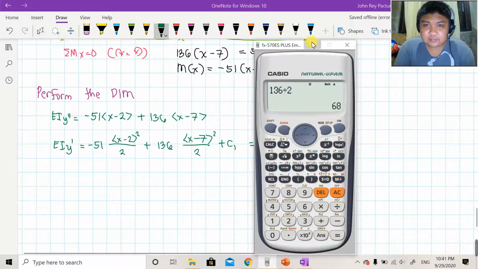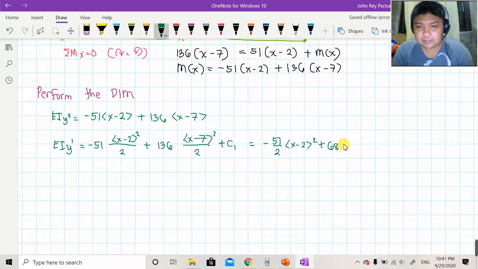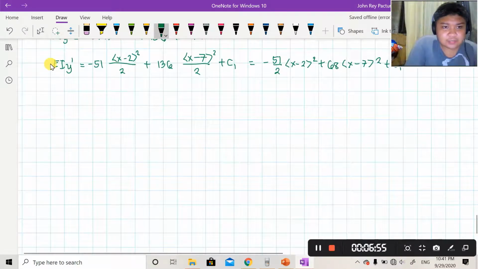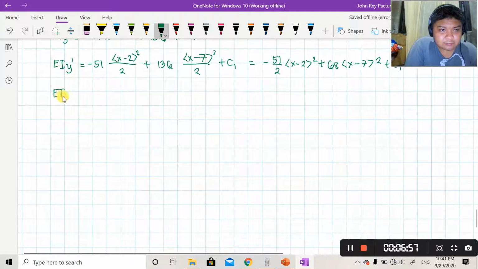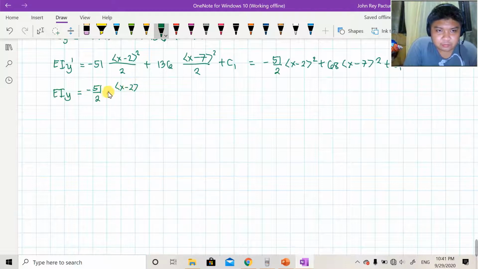The answer there is 68, right? 68, we put as (x minus 7) squared plus C1. So, we now have EI y prime. So, lastly, for the second integration, what we will do is EI y, right? So, EI y is equal to negative 51 over 2 times (x minus 2), multiplied.